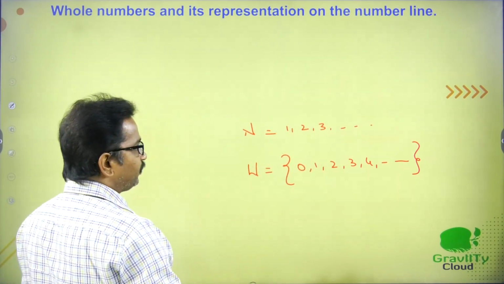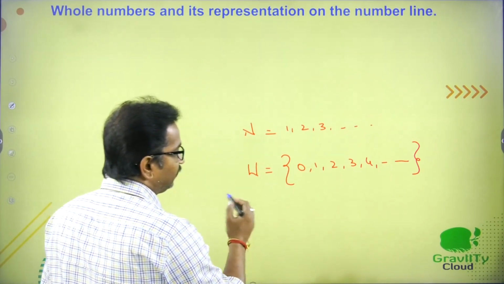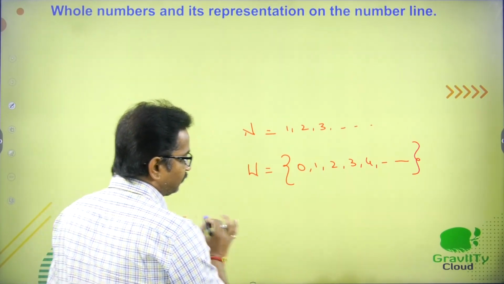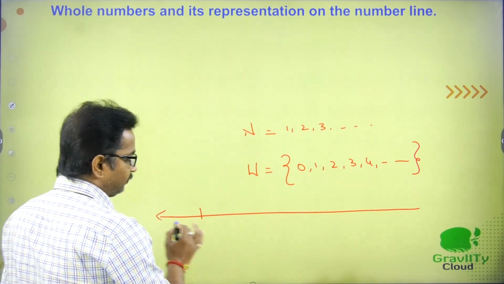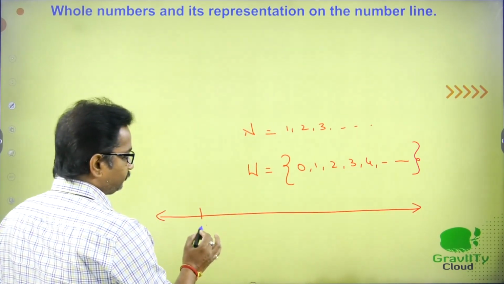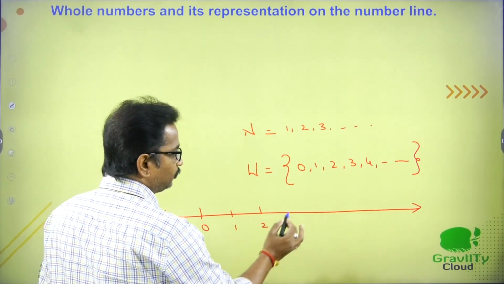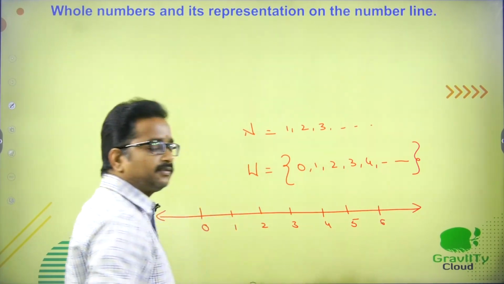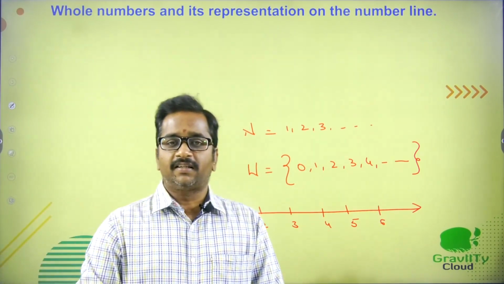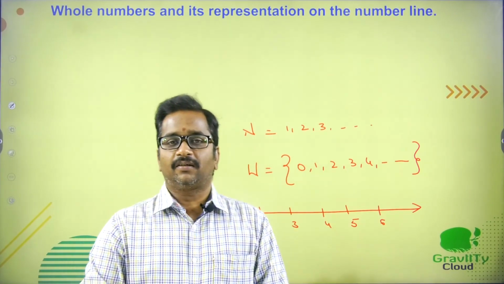Now how do you represent whole numbers on the number line? It's also the same, but you start from 0 onwards: 1, 2, 3, 4, 5, 6. Right? In this way you find the whole numbers.